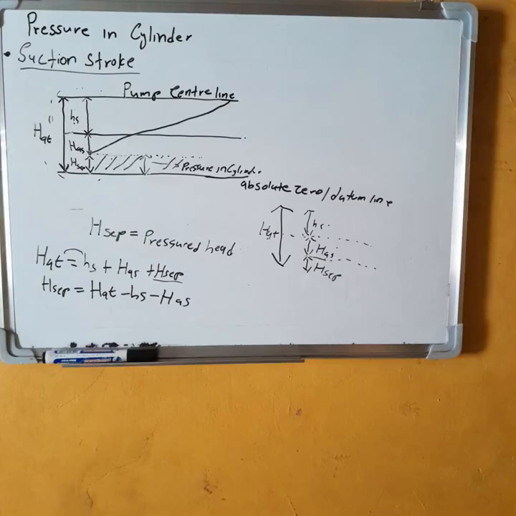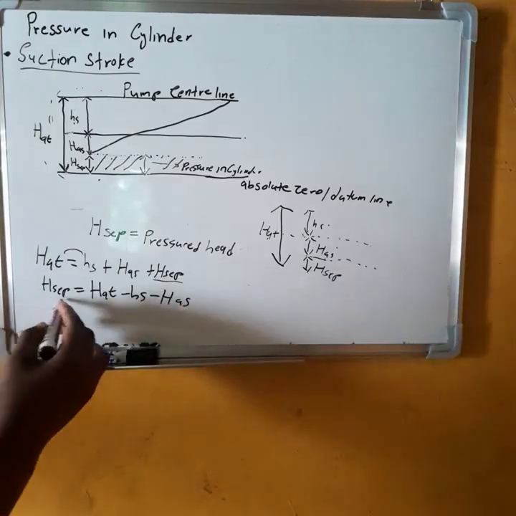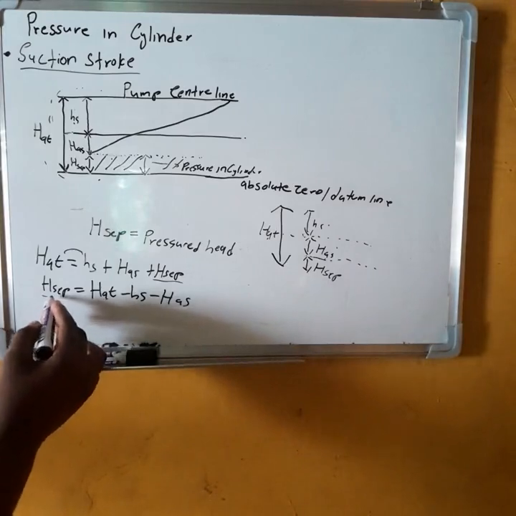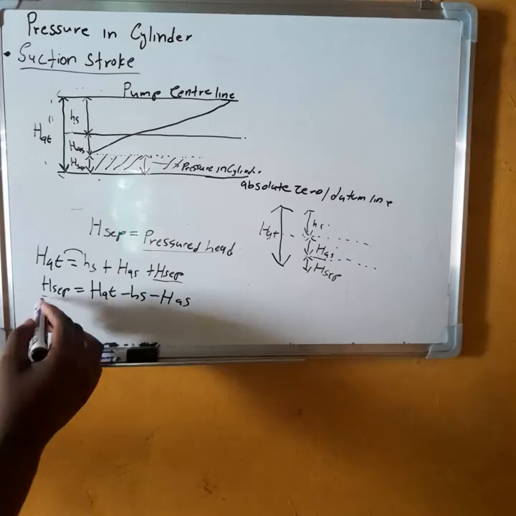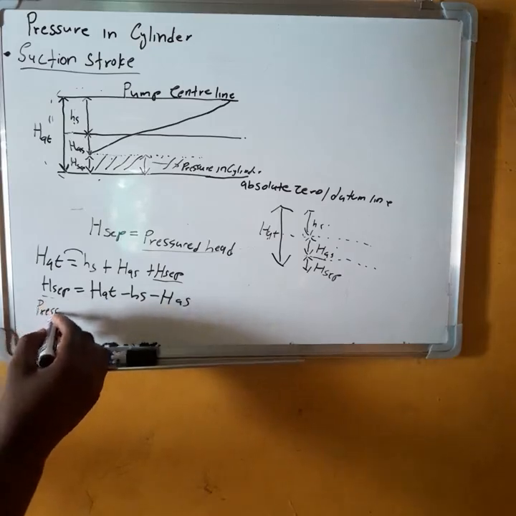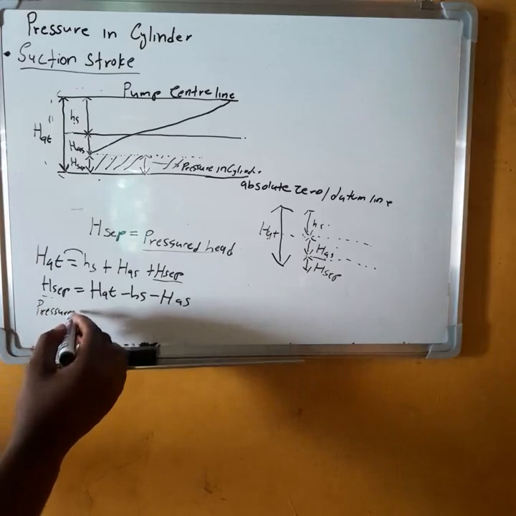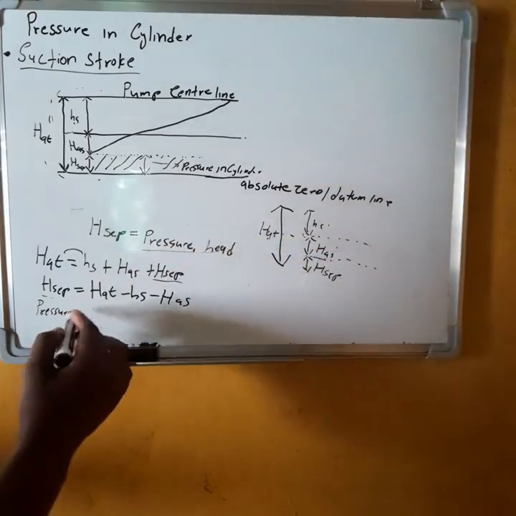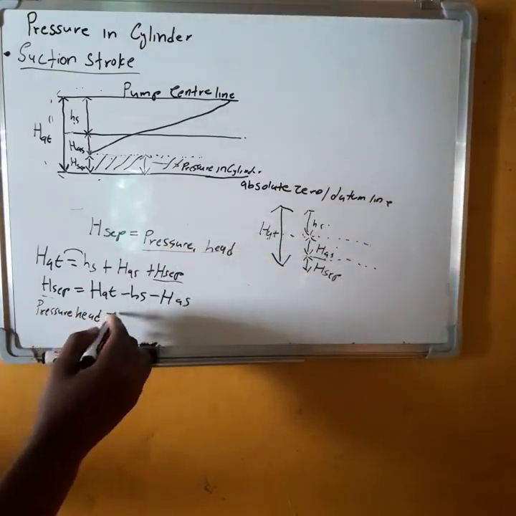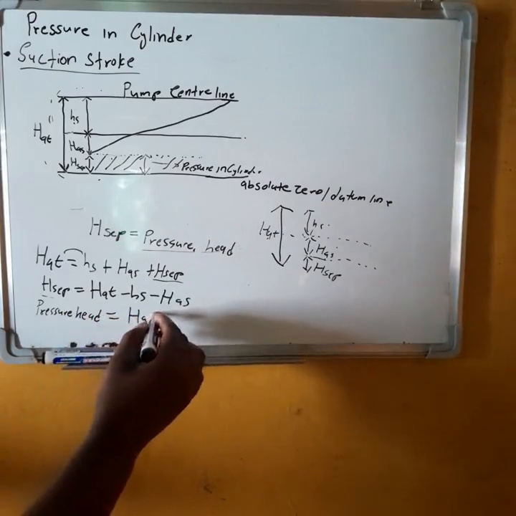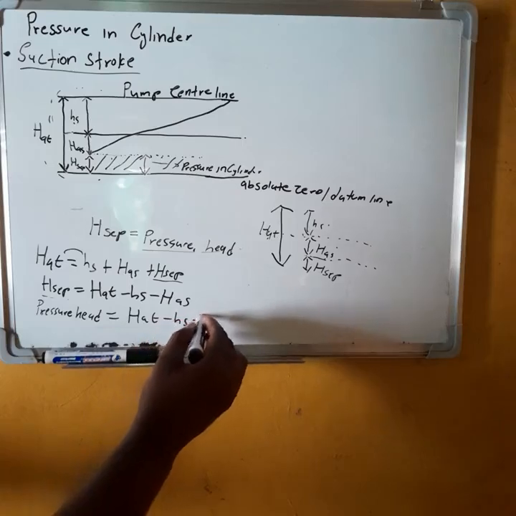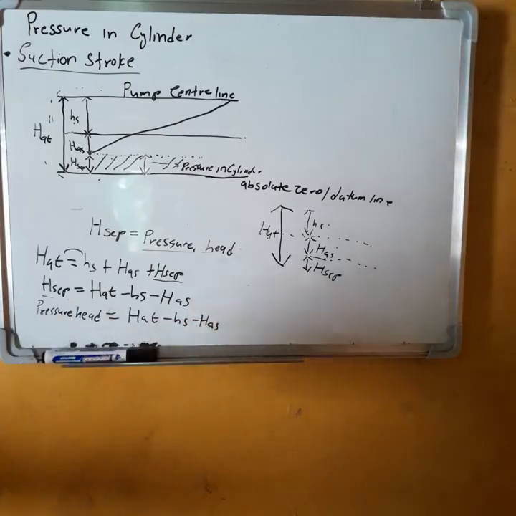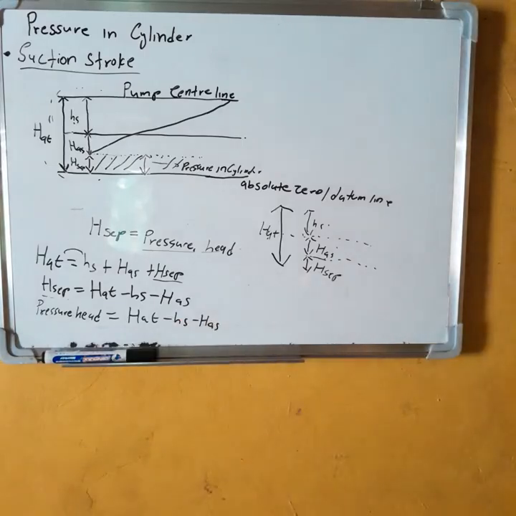Also remember, H separation is equal to pressure head. That means you can say pressure head must be equal to H80 minus HS minus HAS. Hopefully you understand that.